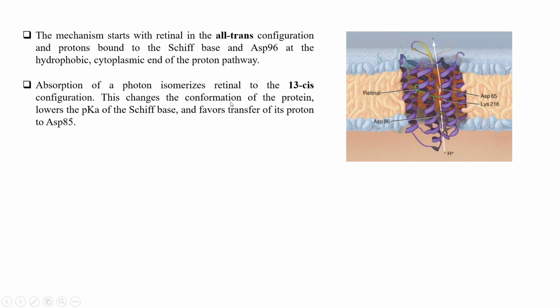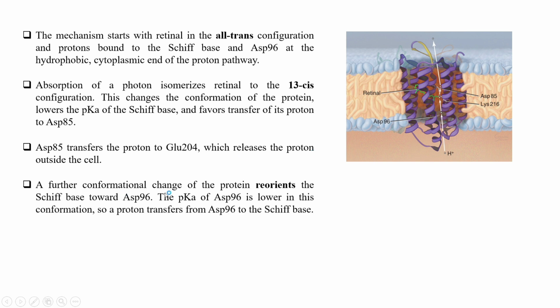This changes the conformation of the protein and lowers the pK of the Schiff base. As the pK of the Schiff base lowers, it donates the proton to aspartate 85. So from this retinal, the proton is transferred to aspartate 85, and aspartate 85 then transfers the proton to glutamate 204 present here, and it releases the proton outside of the cell.